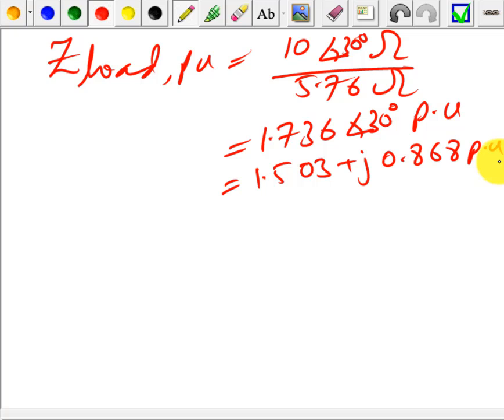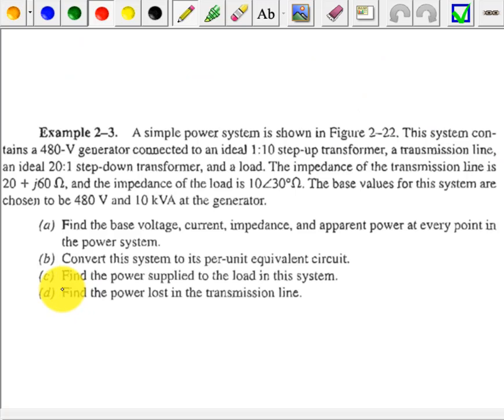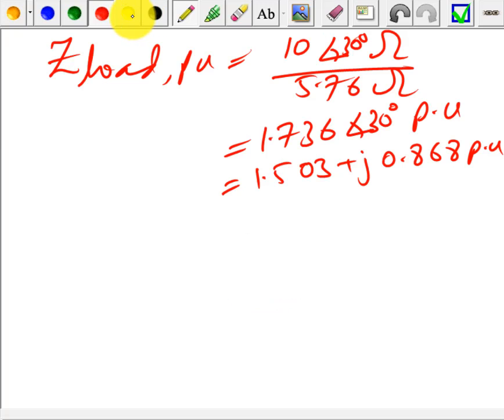Now let's look at the third part. It says find the power supplied to the load in this system. So we need to find the power that's been supplied to the load in this system. C part, it says the power.